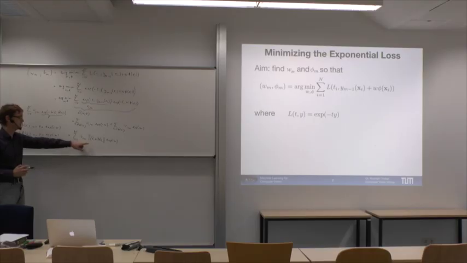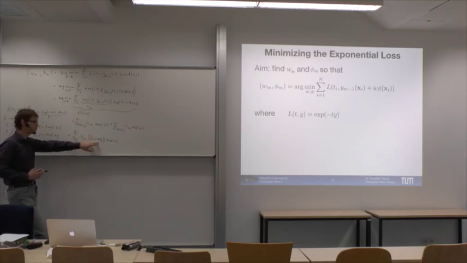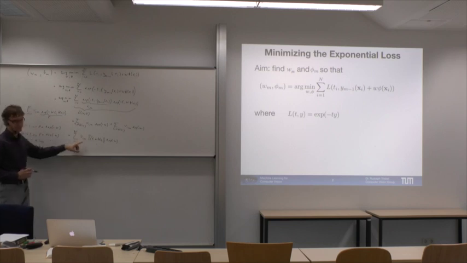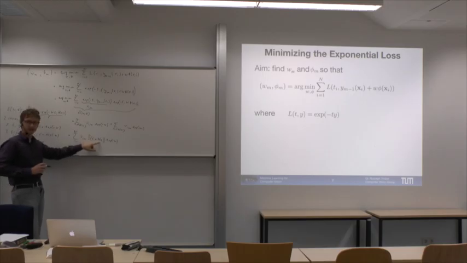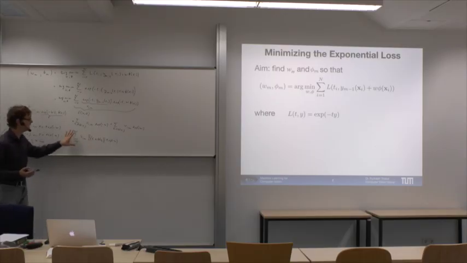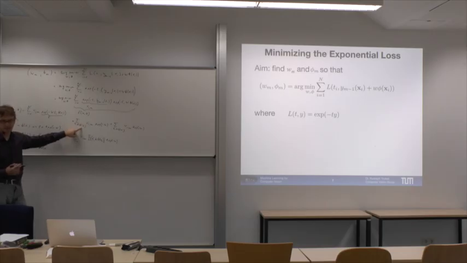This step is kind of clear. This function simply says, if this boolean value is true, then this function is 1, and otherwise it's 0. That means in the case that our prediction is right, I only add zeros here. So for all data points where our prediction is correct, this whole thing is 0. And for all the others, this is 1. So I'm still only adding the misclassified data points.